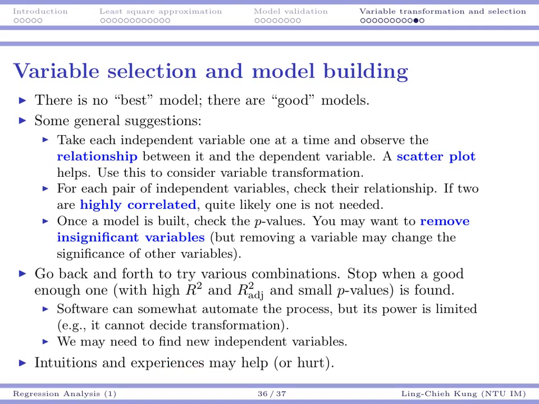When you have a lot of variables, your intuition or experience may tell you some are important. Deal with them. But also, sometimes your intuition and experiences may just hurt you. Because if you only rely on intuition and experiences in selecting variables, you probably may miss some important information that nobody knows. Okay? So that's important.